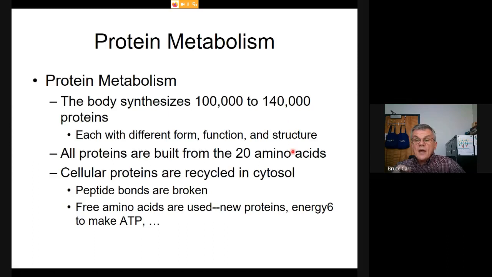So when we break down these amino acids, how much energy we get depends on the R group. Now, every amino acid has a central carbon and a carboxylic group, in addition to an amino group, and a hydrogen. So if that R group is a hydrogen, you've got the amino acid glycine, and it only has 2 carbons.